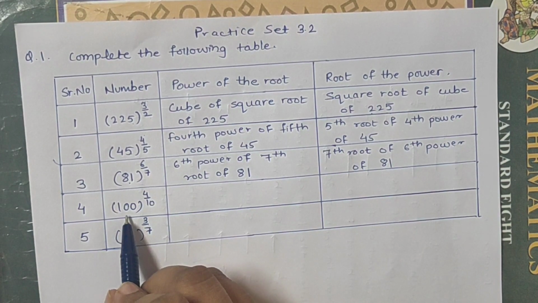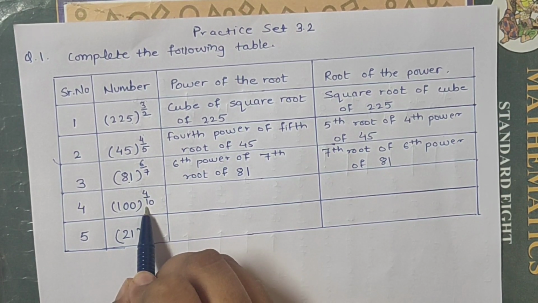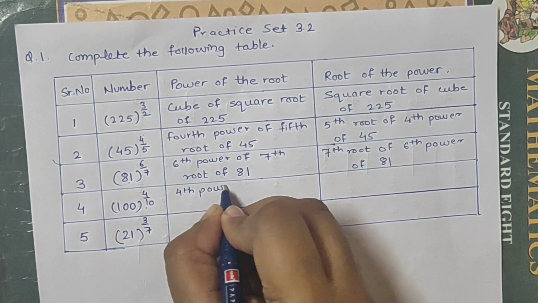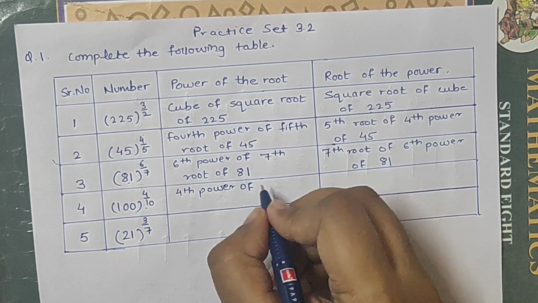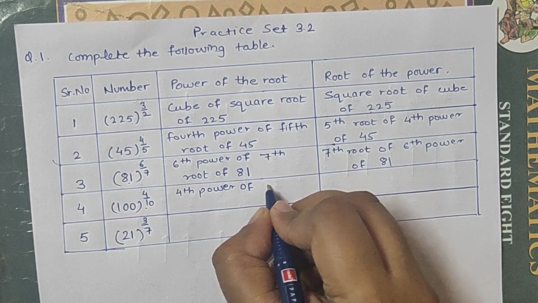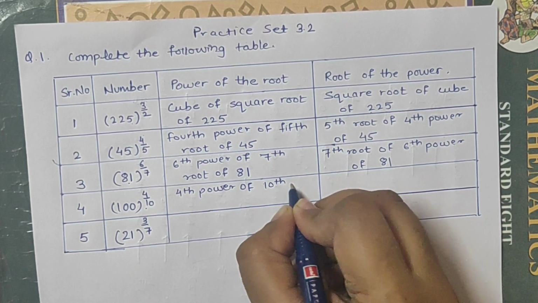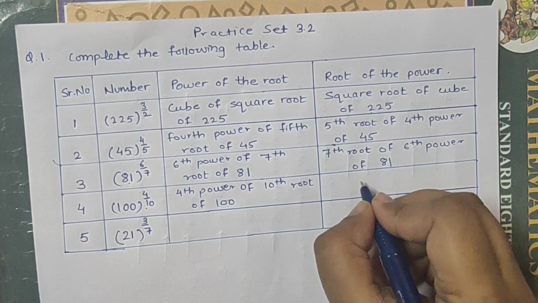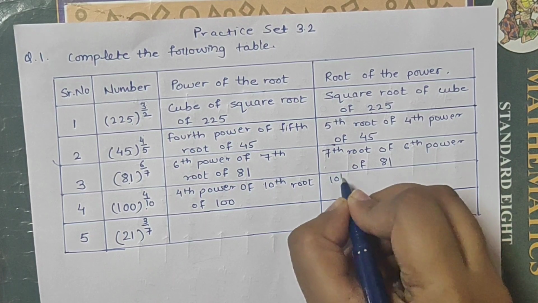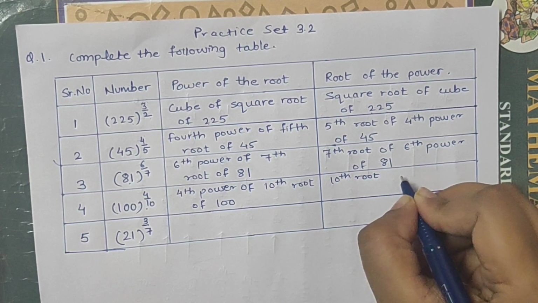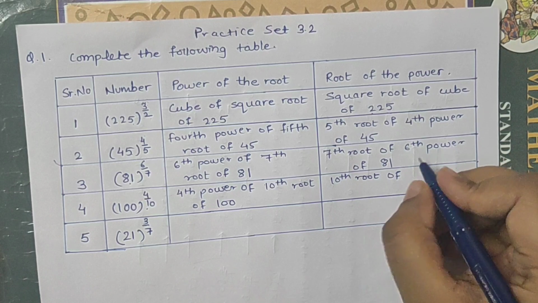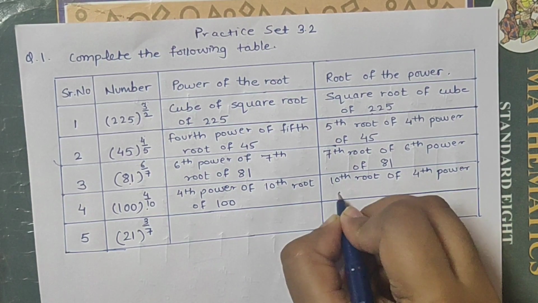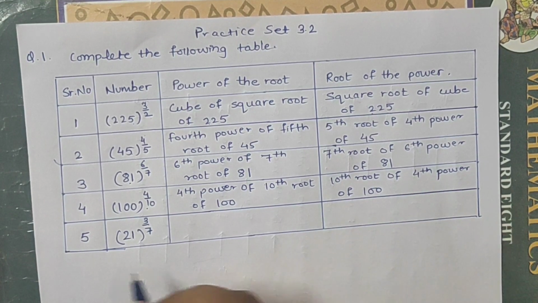Similarly, 100 raised to 4 upon 10. So, fourth power of 10th root of 100. And here 10th root of fourth power of 100.